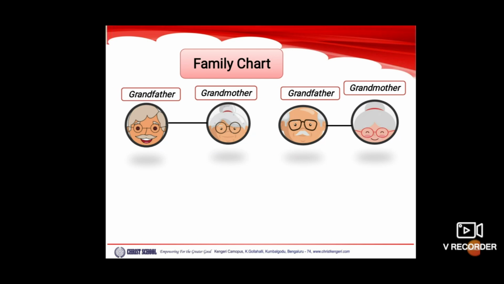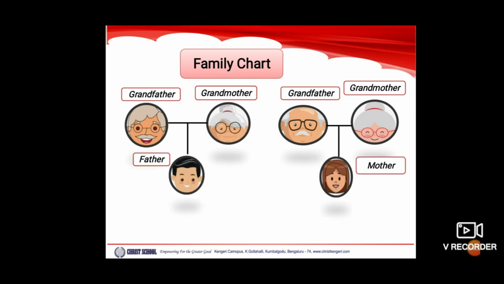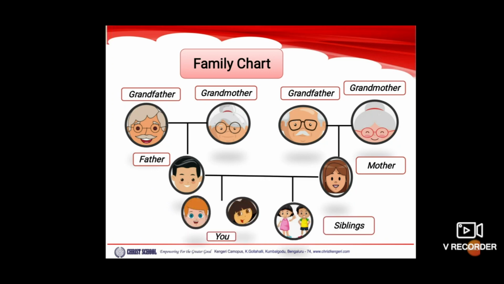So your paternal grandparents give birth to your father, and from your maternal grandparents you will get your mother, and your mother and father will be having cute little children like you people. So you can see there are 3 generations over here. The first one is grandparents, the next level is your parents, and at the third level you people will come.